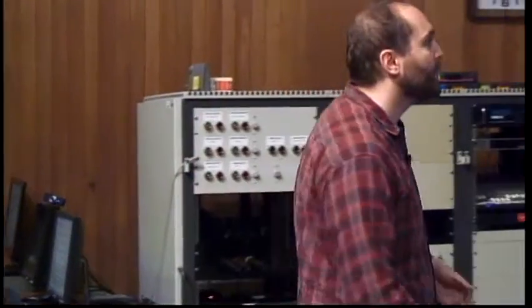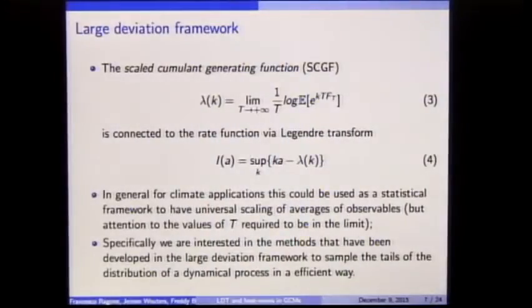One other thing I will say at the end is that one of the next steps is to make a better analysis of the statistics of these events. This is definitely something that could be done. I'm not saying that a heat wave is an event that is per se in the large deviation limit, but I'm saying that I could use some of the methods that have been developed in order to get the tail of the distribution.